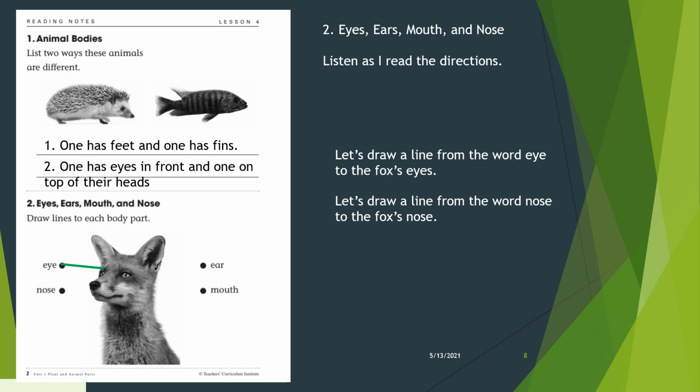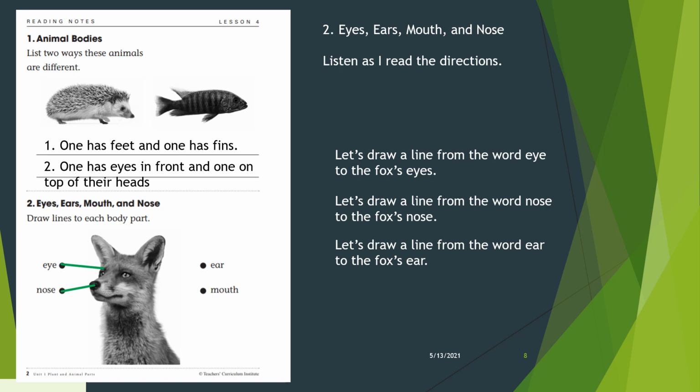Let's draw a line from the word nose to the fox's nose. Let's draw a line from the word ear to the fox's ear. And again, like with the eye, it says ear, not ears.